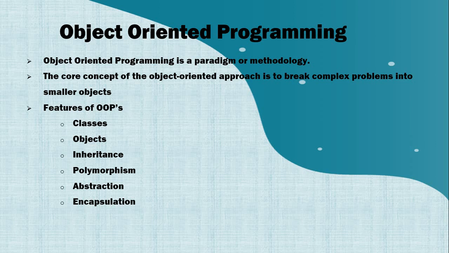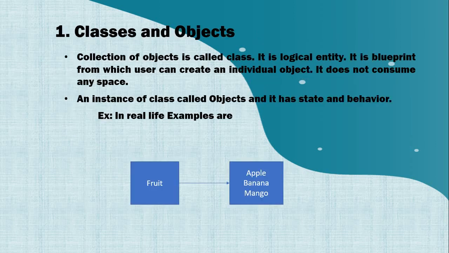Now let us understand these features one by one with a real life example: class, objects, inheritance, polymorphism, abstraction, encapsulation. First, consider what are classes and objects. A class is a collection of objects.